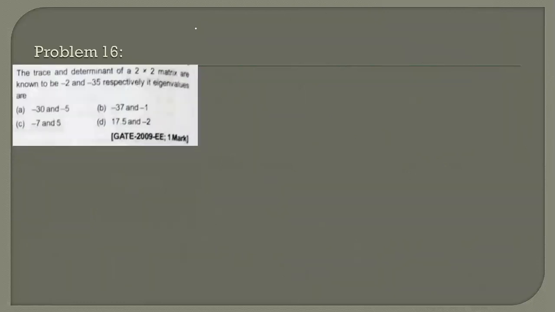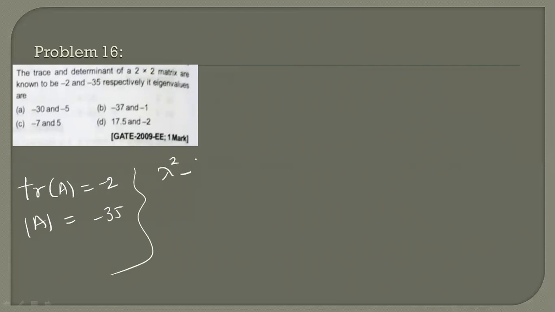Okay. The next question is, the trace and the determinant of a 2 cross 2 matrix are given to you. The trace of this matrix is minus 2, and the determinant is minus 35. So there are two methods. First, you know that for a 2 cross 2 matrix, it is lambda square minus trace of A into lambda plus determinant A equal to 0.